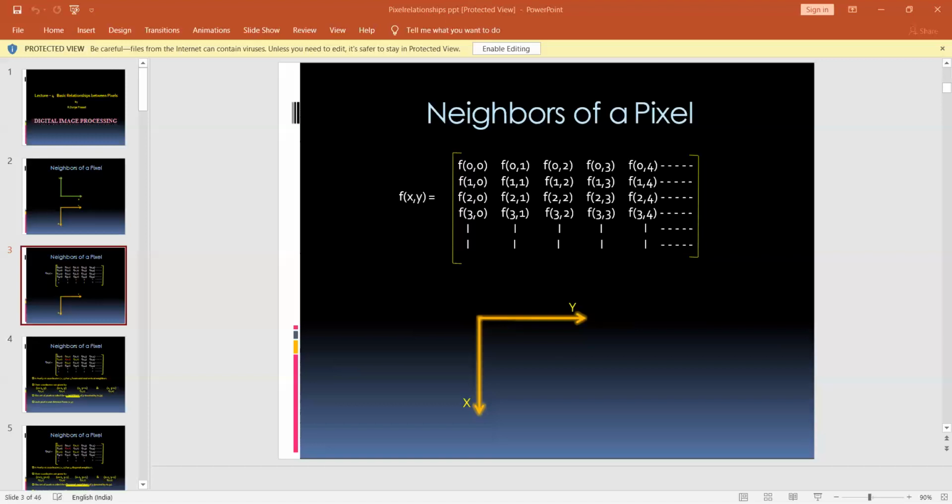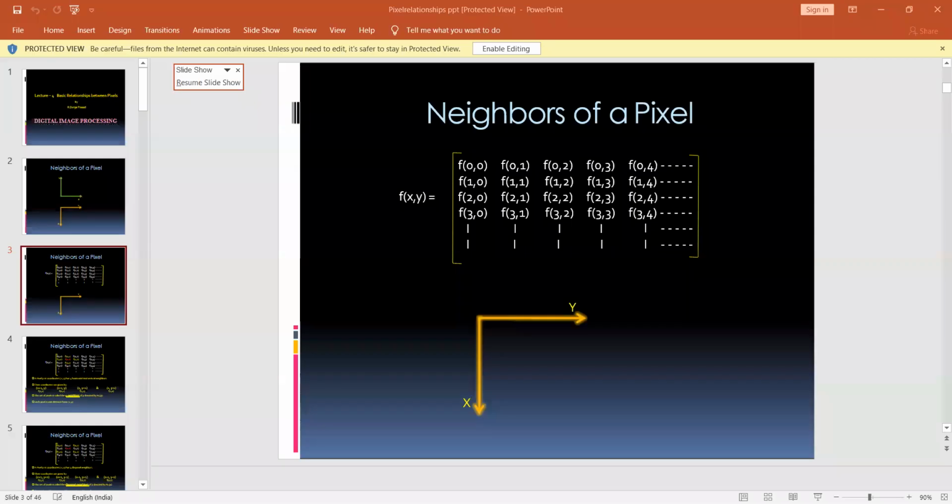Then the binary image has 0, 1; the image belongs to these two. Then the grayscale pixels: 0 to 255 are the pixel values, so 0 to 255 are 256 levels, which include from black to white. The black pixel indicates 0, and 255 indicates white.